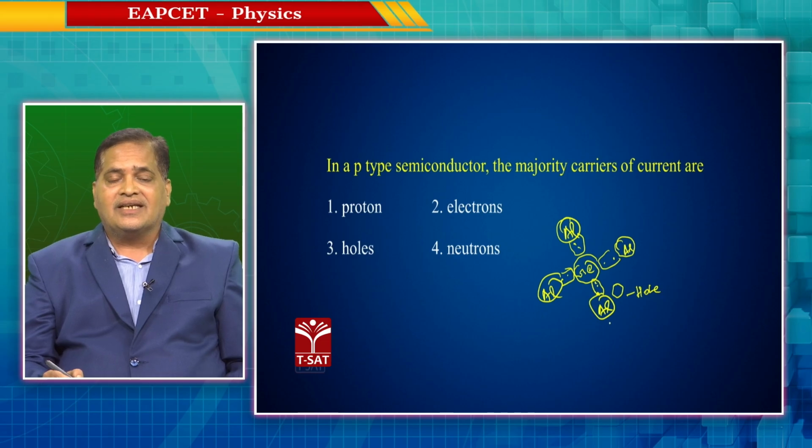This type of semiconductor is called a p-type extrinsic semiconductor. In the p-type extrinsic semiconductor, majority charge carriers are holes, okay children, remember, and minority charge carriers are electrons.